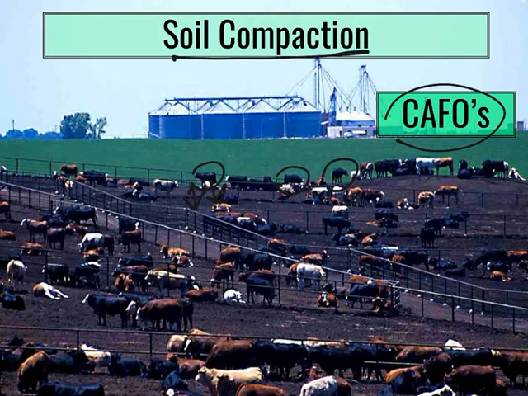The soil gets so compacted that it turns into kind of a cement-like floor. And by removing the airspace from the soil, compacting it down, it limits the ability of water and nutrients to infiltrate back into the soil.